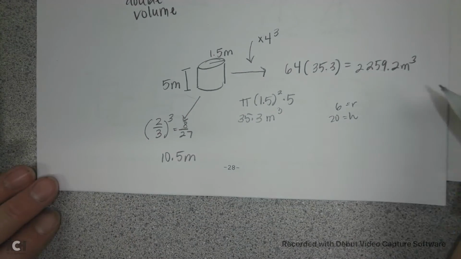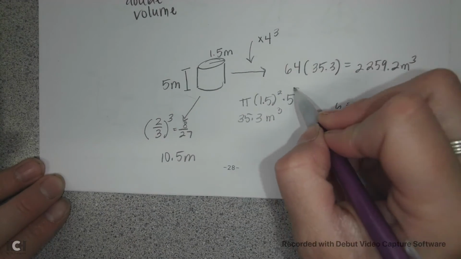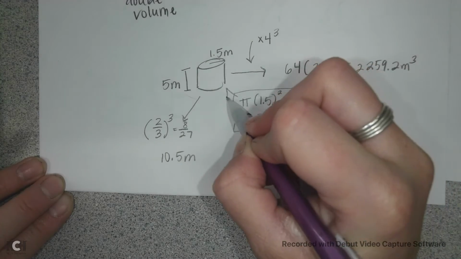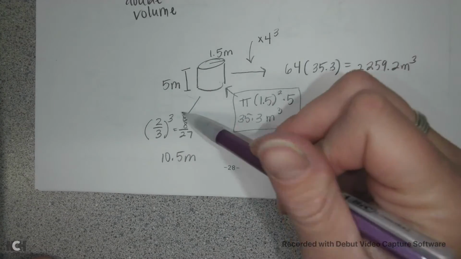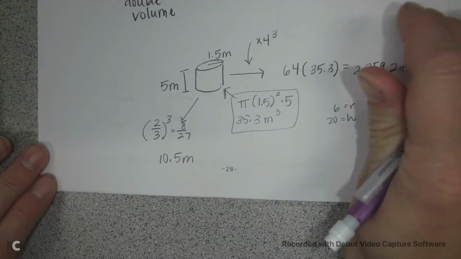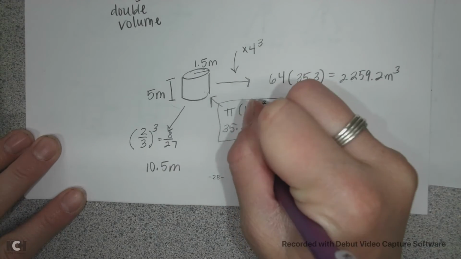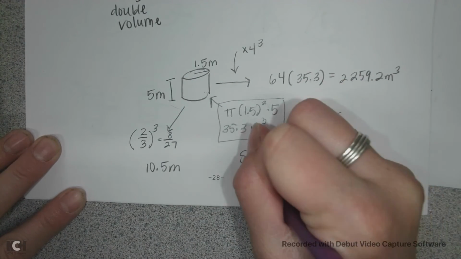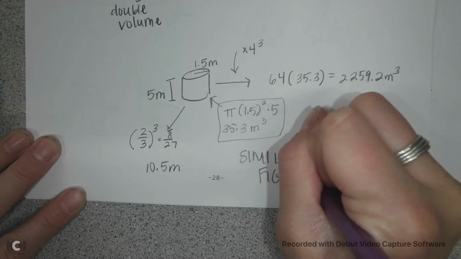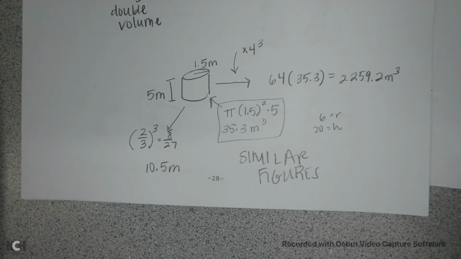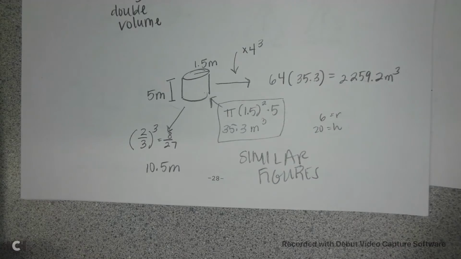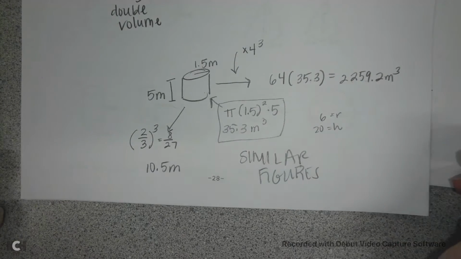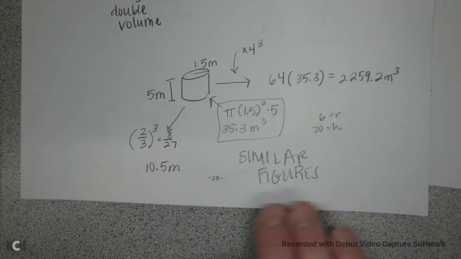Okay, so you can quickly use the original volume, which we got here for this shape, to scale your shape larger or smaller, and these are all proportional or similar figures. Okay, because they're both scaled, so I scaled my radius and I scaled my height. All right, so that is one way to use these scale factors.